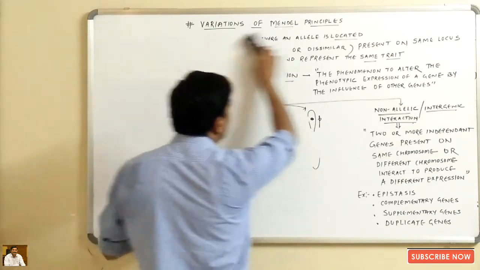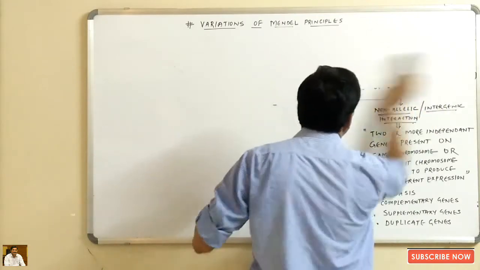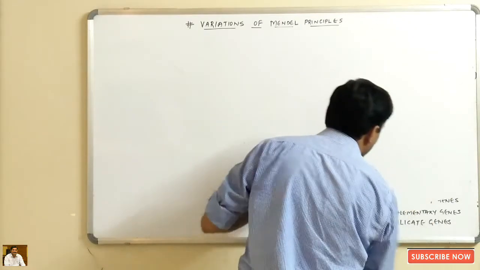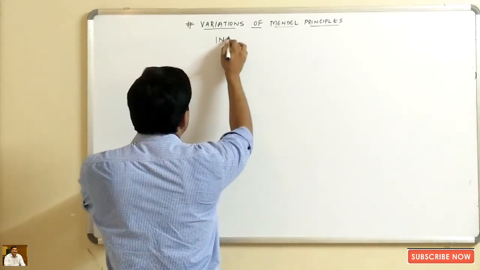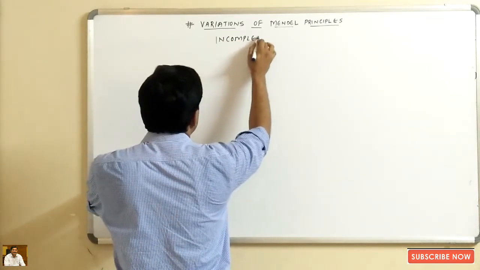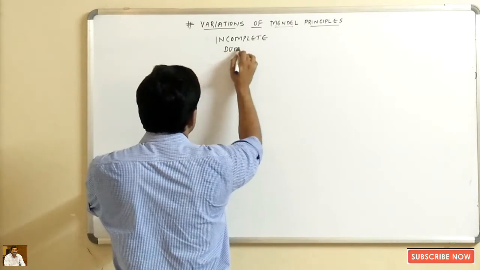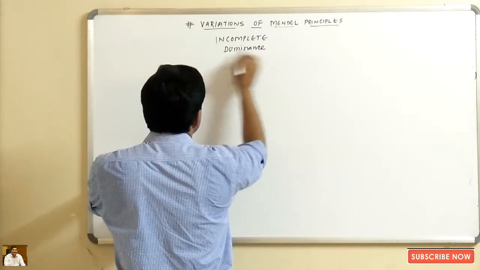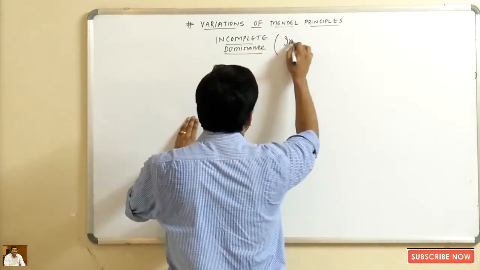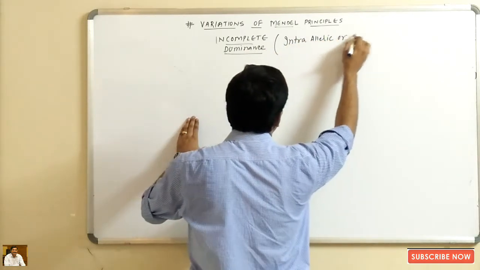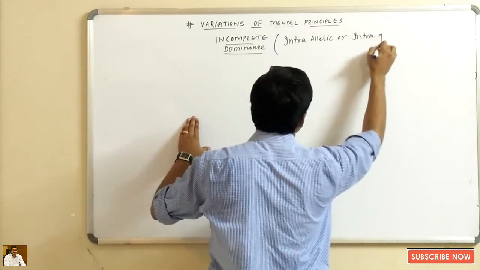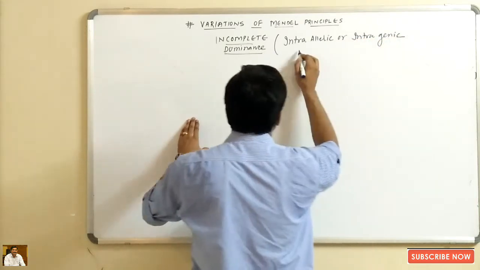So incomplete dominance is a sort of intra-allelic gene interaction. It is a good example of intra-allelic or intragenic interaction.